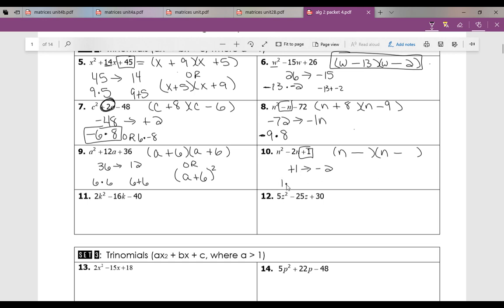Okay. 1 times 1. What's 1 plus 1? 2. Problem is, both of those numbers need to be negative. Negative times negative is positive 1. Negative 1 plus negative 1 is negative 2. So here again, since both of our factors are the same, if you want to write it as n minus 1 squared, you can do that.